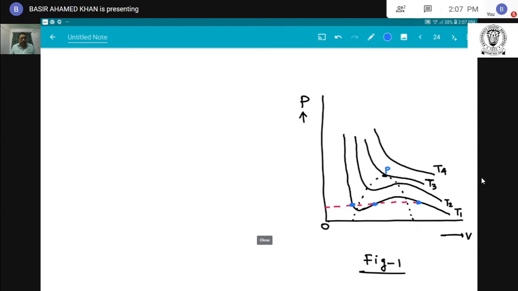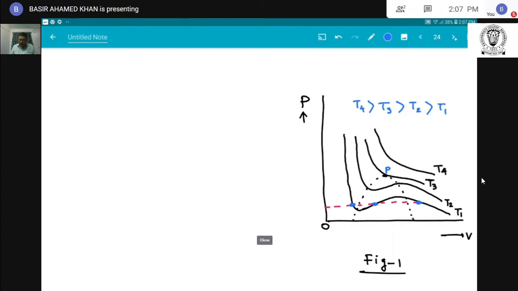So I plot here 4 isothermals T1, T2, T3 and T4. Obviously T4 is greater than T3, greater than T2, greater than T1.